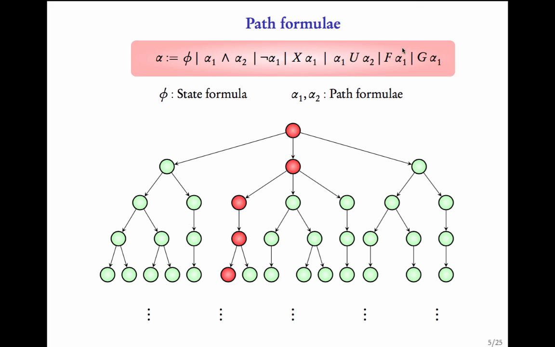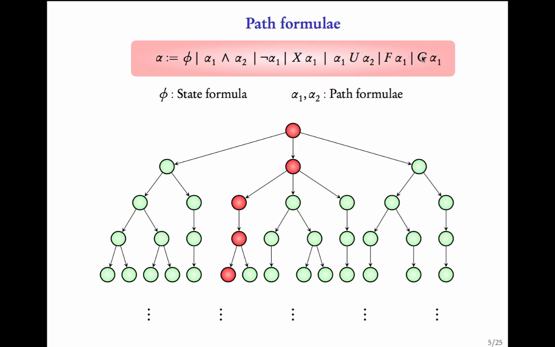You can also talk about F and G which are derived out of until, but still let me write them down as F alpha 1, G alpha 1 just for clarity. So you can look at a path, this path satisfies G red. Similarly, some other path will satisfy F of some P1 and so on.